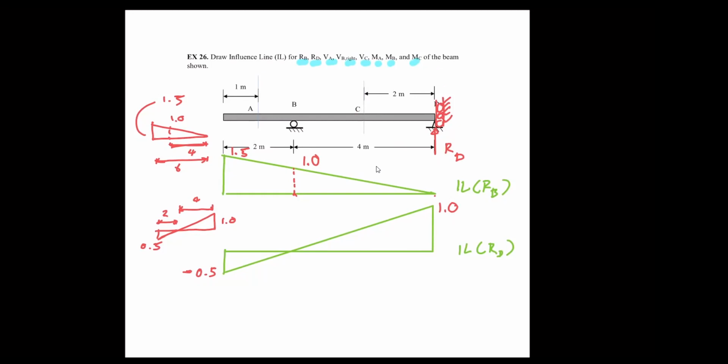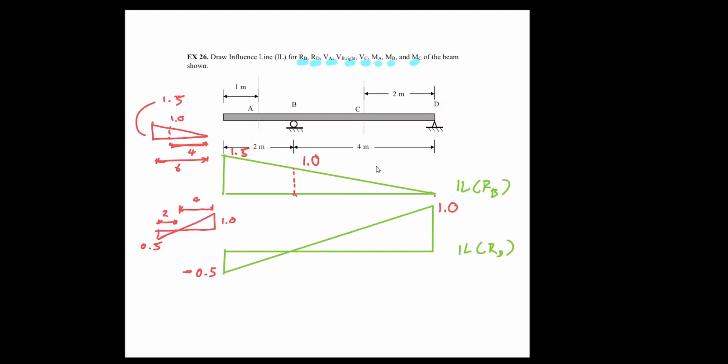The next one is getting more fun, is the shear at A. Okay. So let me, I think, would it be better if I draw it in the next page? Okay.